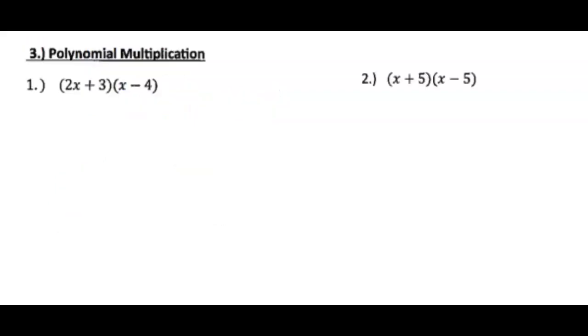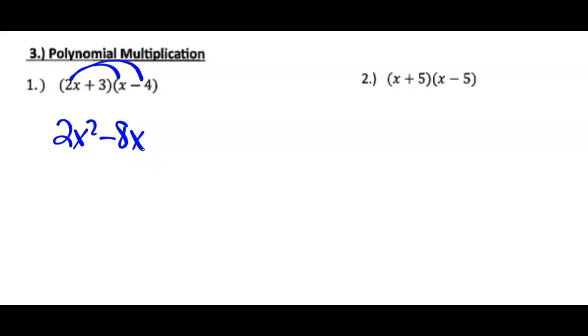Okay, let's talk multiplying polynomials. We have 2 different methods that we could do this. We could double distribute, or we could use the box method. Double distribute means I'm multiplying 2x times x to get 2x squared, and 2x times negative 4 to get negative 8x.